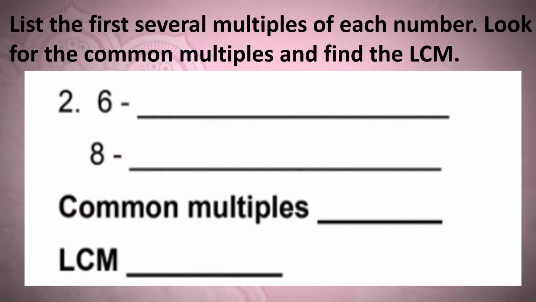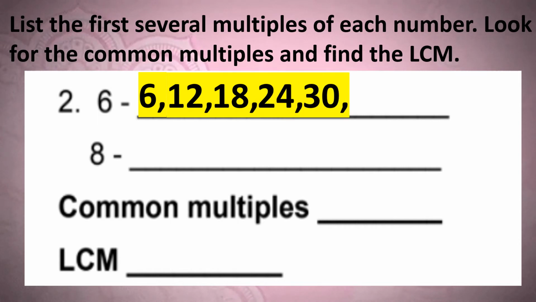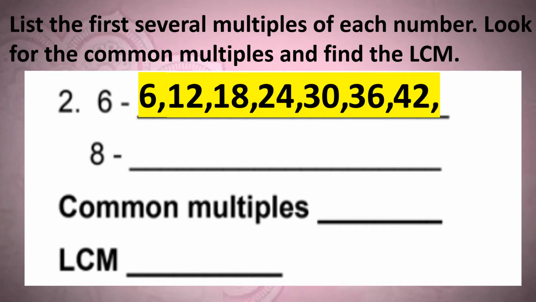Next, for number 2, we have 6 and 8. Let us list the multiples of 6: 6, 12, 18, 24, 30, 36, 42, 48, and so on.